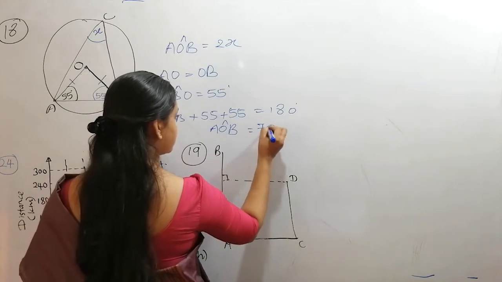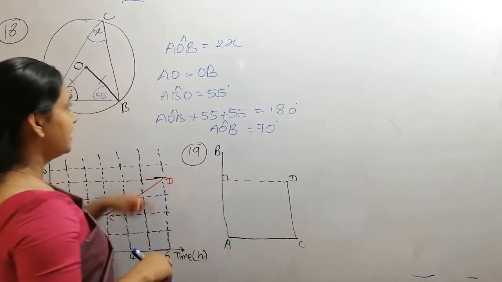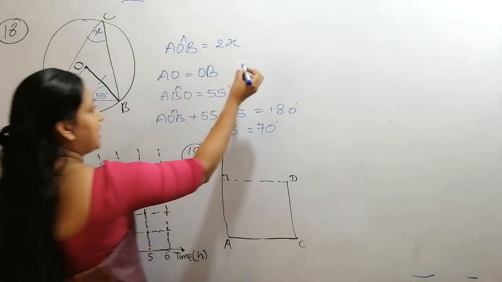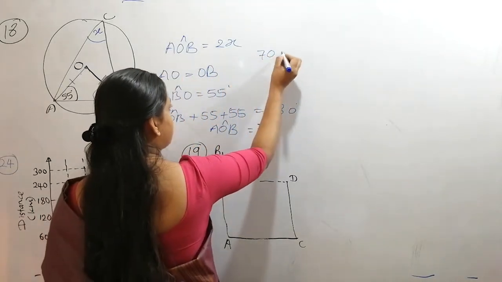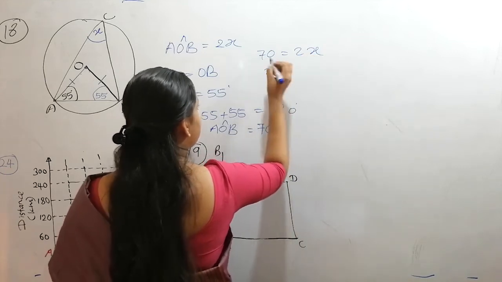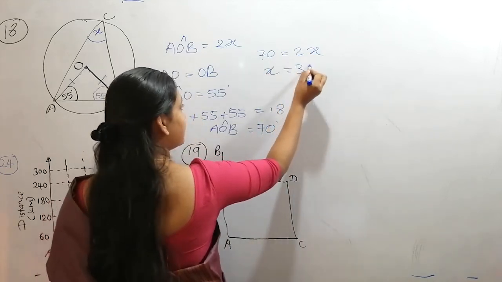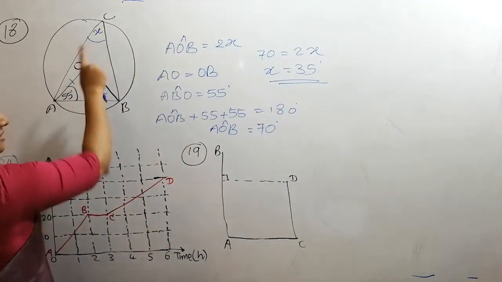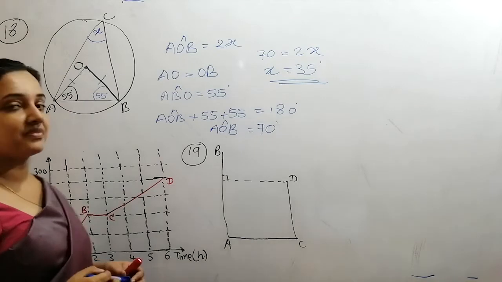That means it is 70. Then AOB equals 70 degrees. That means 70 degrees equals 2x. Then x is equal to 70 divided by 2. It is 35 degrees. Then the value of x is 35 degrees. Is it okay?